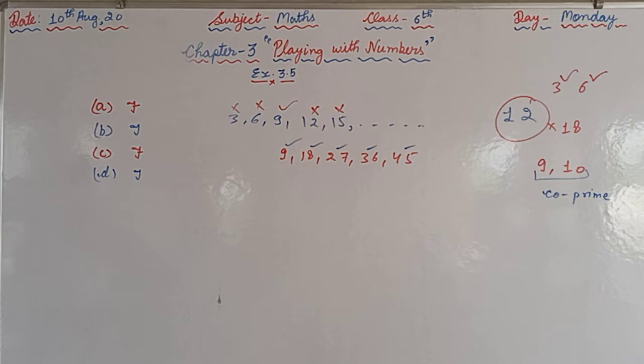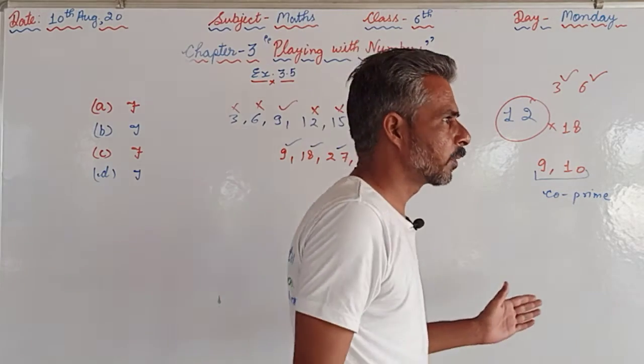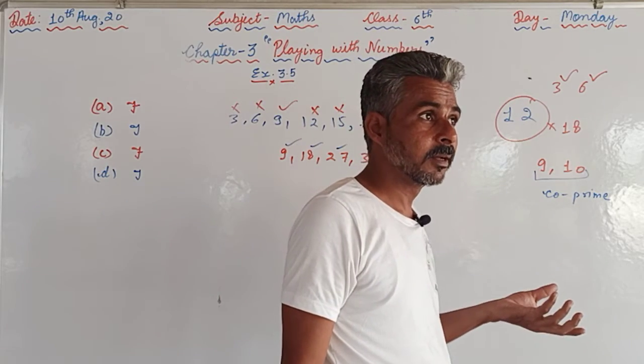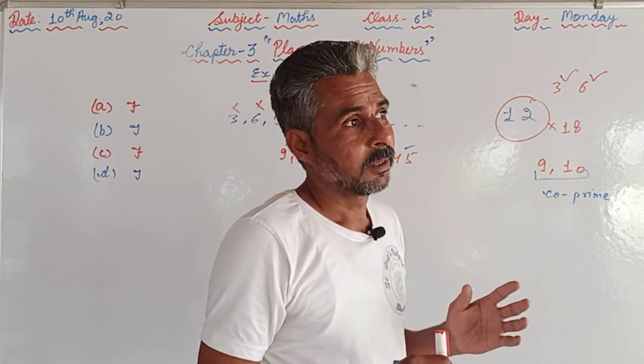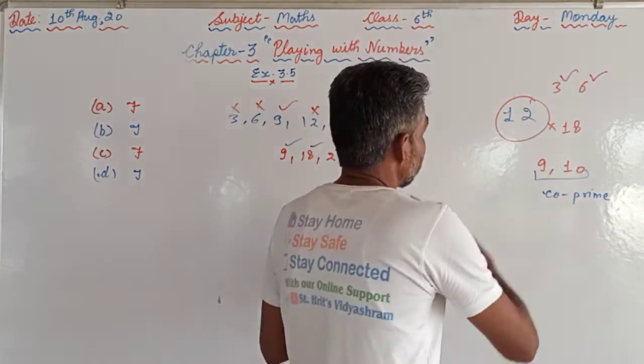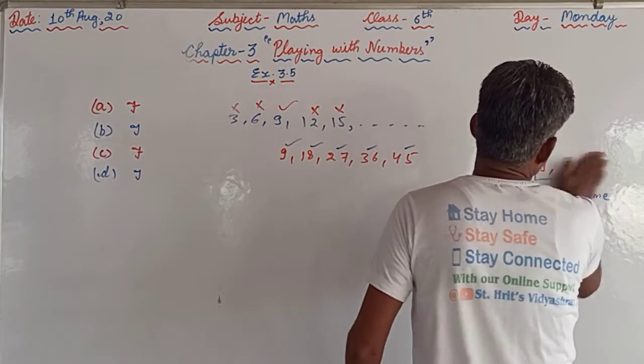Afterwards, E, if two numbers are co-prime, at least one of them must be prime. So again we are saying co-prime numbers. I will tell you the definition again.